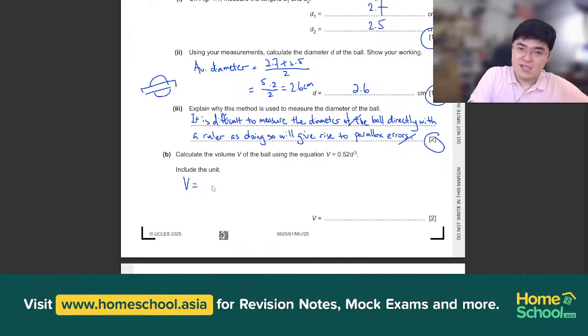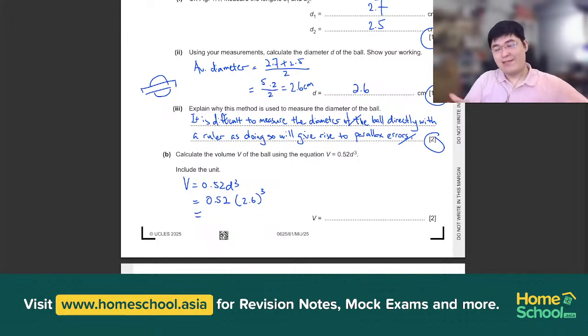V equals 0.52 d cubed. Let's calculate. We have calculated before, d is equal to 2.6 cm, and we are to cube it.